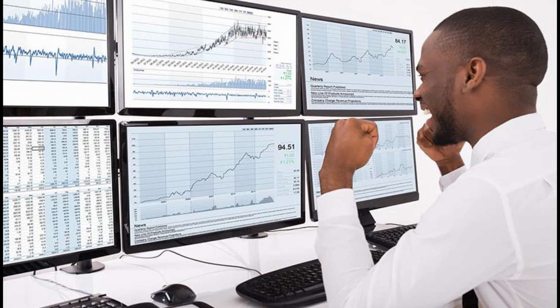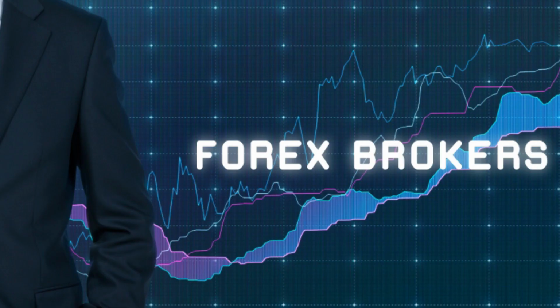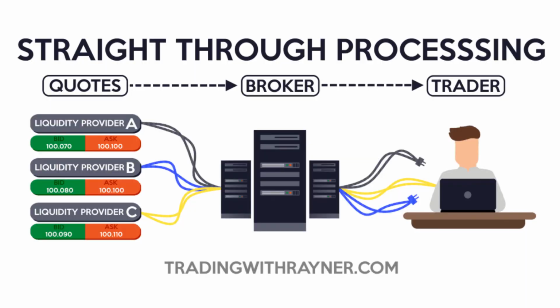Now, what is a forex broker? A forex broker is a company, usually a financial institution, that gives anyone access to their platform for buying and selling currencies. That is basically what a forex broker is. It is a company that gives people access to their platform to buy and sell or to trade in foreign currencies.